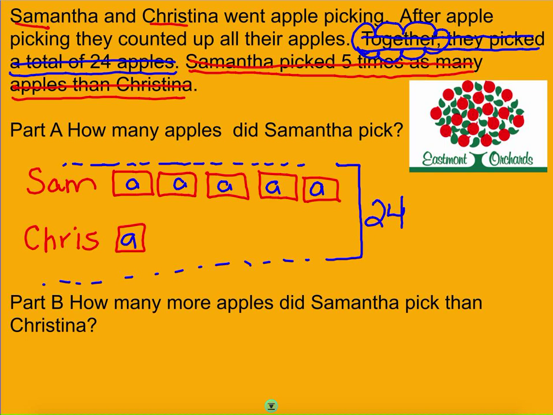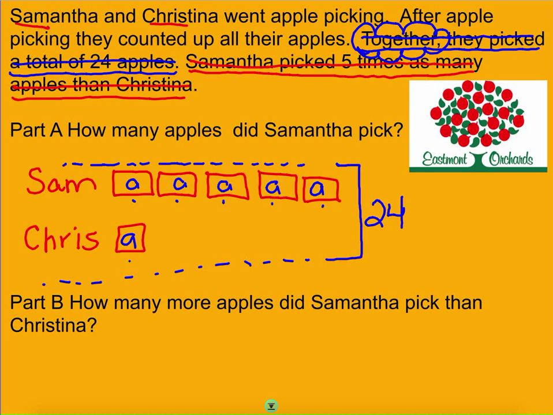So when I'm counting, I have 1, 2, 3, 4, 5, 6. There are 6 A's in here. Why? Because it's Samantha and Christina. So we have 6.